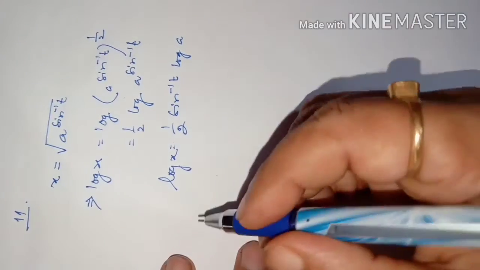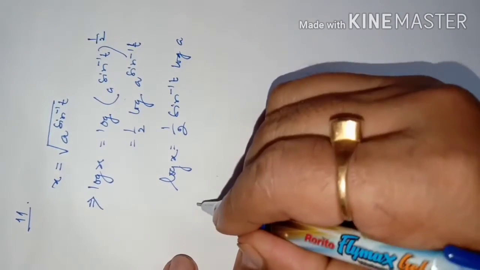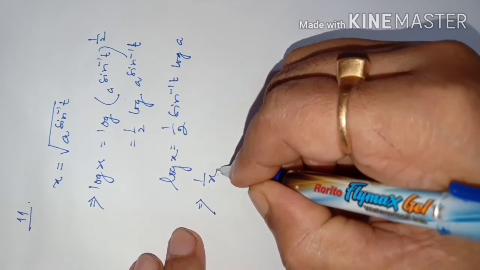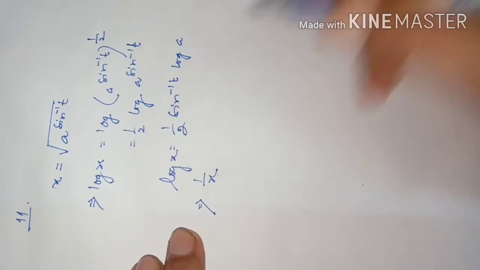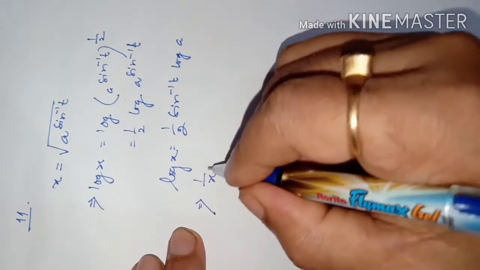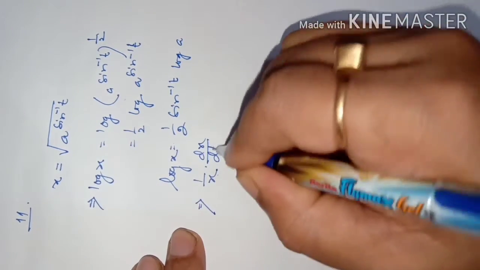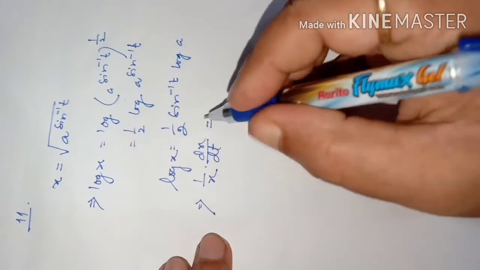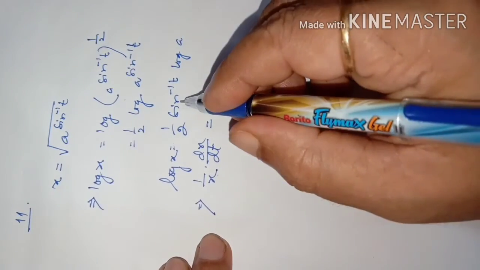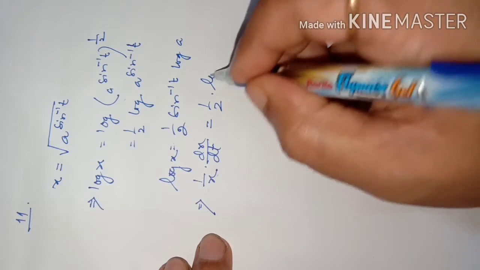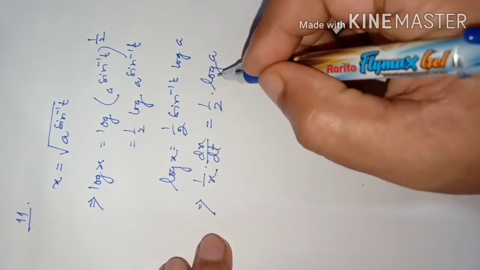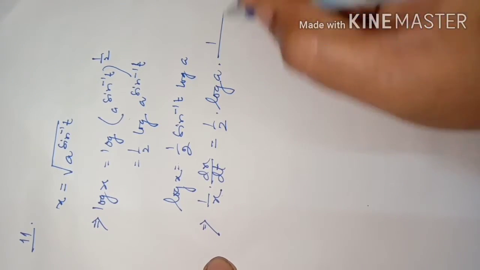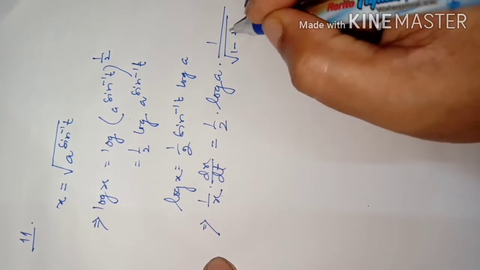Taking derivatives on both sides, log x will give 1 by x. So 1 by x, and here we are taking with respect to t, so it will be dx by dt, because the ultimate function is given in t. That's why it will be half into, this half into log a is constant, so d by dt of sine inverse t is 1 by under root 1 minus t square.